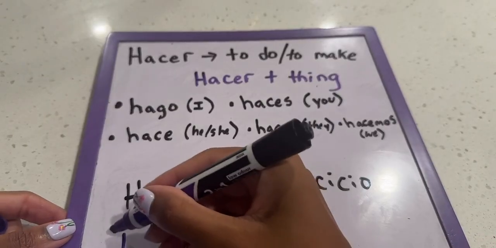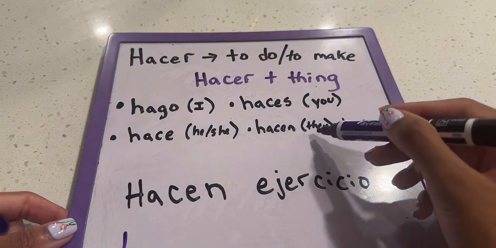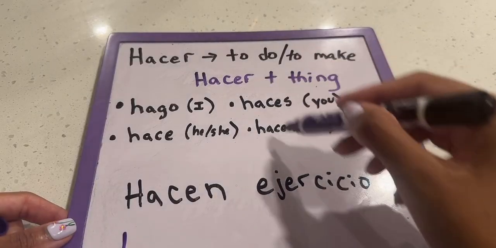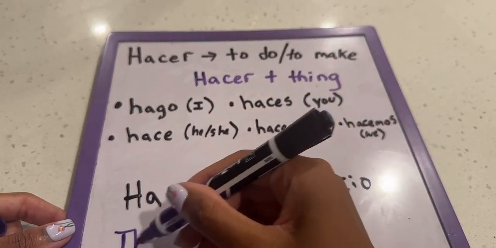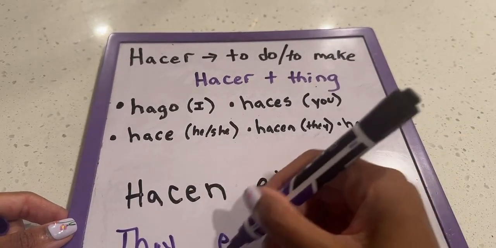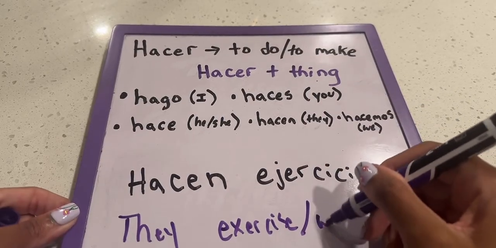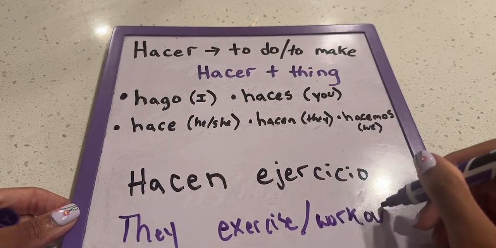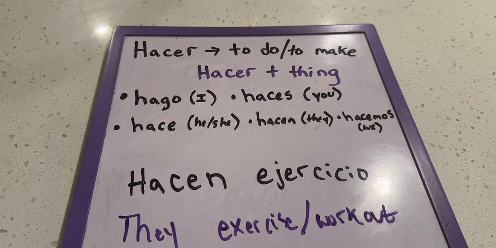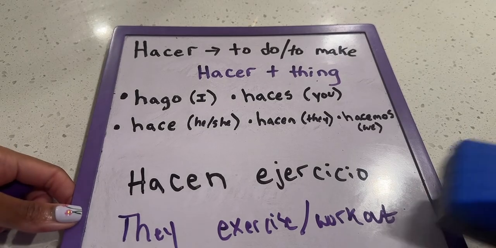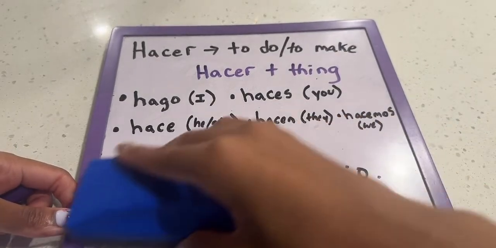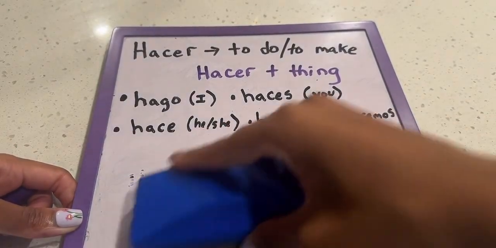Because hacen is basically the they form, the they/them form of hacer. So there you go. They exercise or work out. Both of those work. Exactly. All right. So that's how we say that one. Great job, you all. I told y'all it's easy. All it takes is just a little bit of practice.